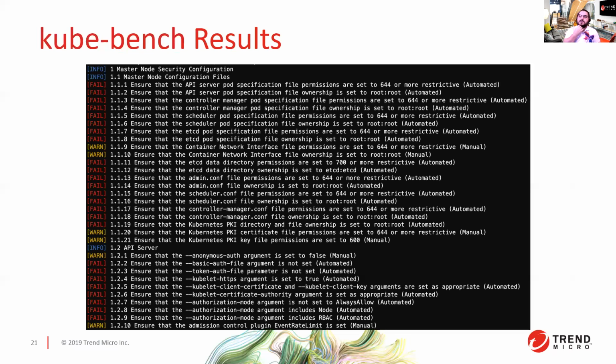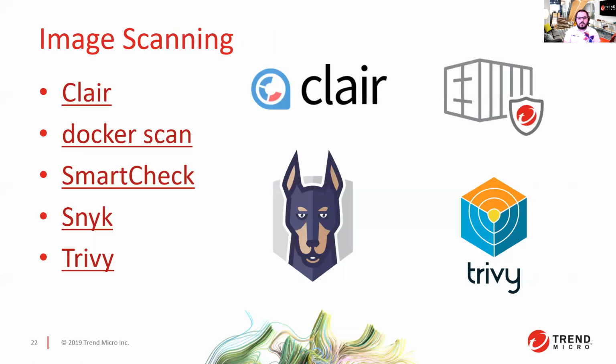As you can see here, this is just one of the results, and my cluster is not very well configured, with a lot of issues there, or it wasn't able to detect them if it doesn't have the permissions. You can see that it checks the master node, the API server, etcd, the worker nodes, and other configurations as well. So I recommend you take a look.